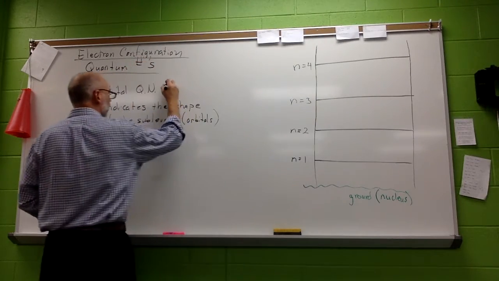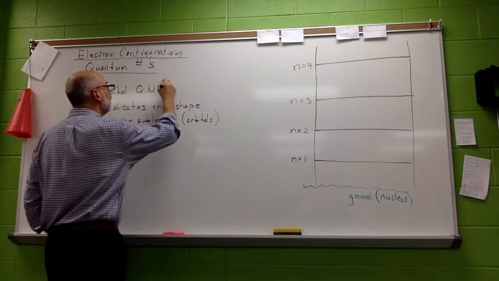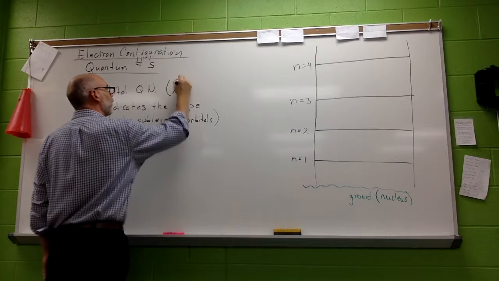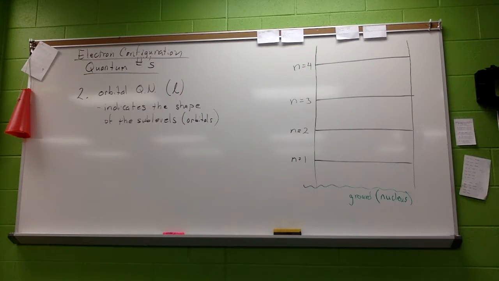The orbital quantum number is going to be abbreviated with a lowercase l. I like to write it as a script L so that we don't confuse it with 1 or I or anything else.